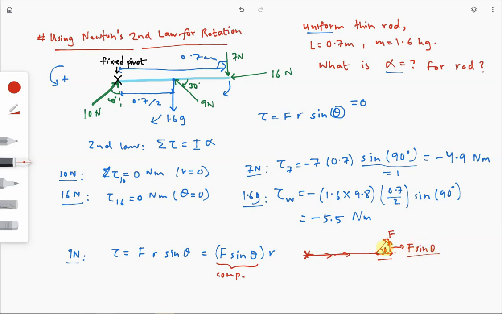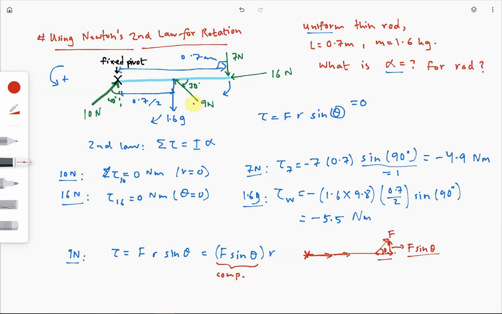So the moral of this story is, for any force that is at an angle to a beam or anything that you're trying to rotate, the only contributing component of that force which causes any torque that you need to worry about is its perpendicular component. Alright, the component perpendicular to the line joining the pivot point to the force. Hence, for any of these angular forces, we can only think of their vertical components. Okay, makes our lives a lot simpler.